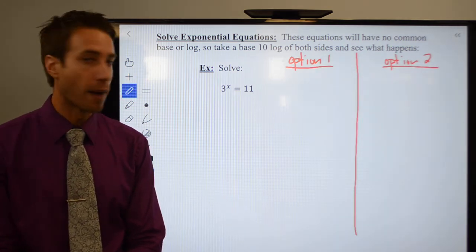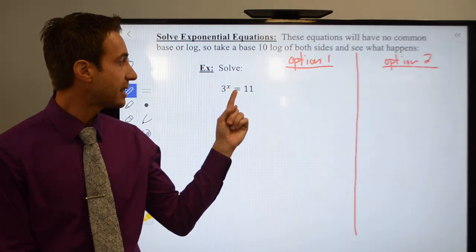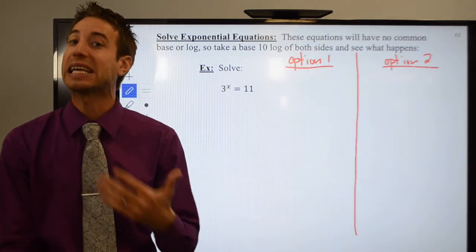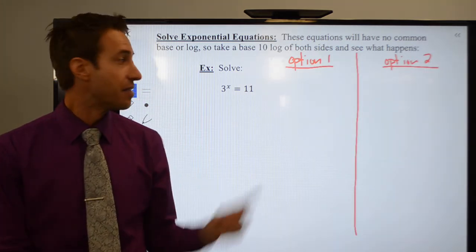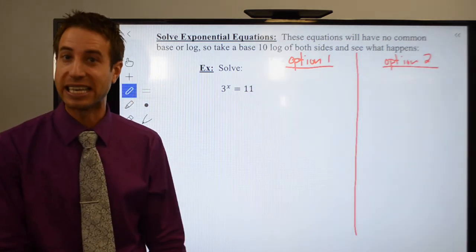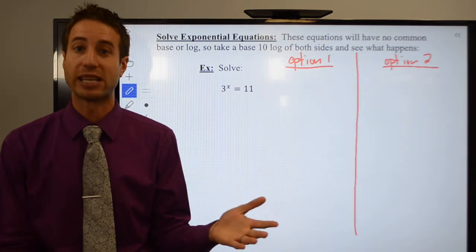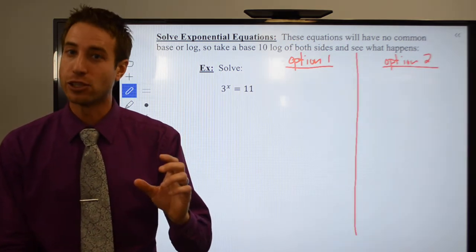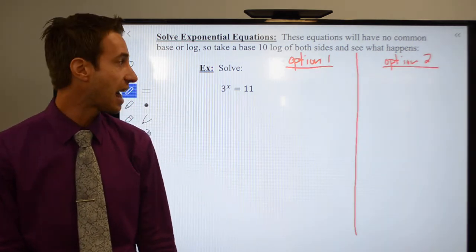So option number 1, what we're going to do is, right, I've given you 3 to the x is equal to 11, and there's no easy way. There's no integer power that 3 can be raised to get you an 11. 3 squared is 9. 3 to the third is 27. Right, so there's no integer I can raise the 3 to and get 11.